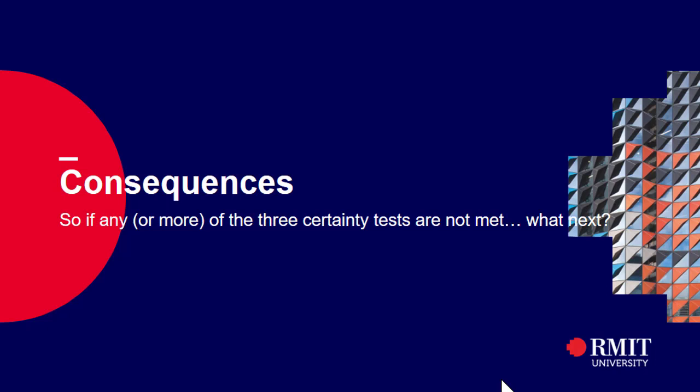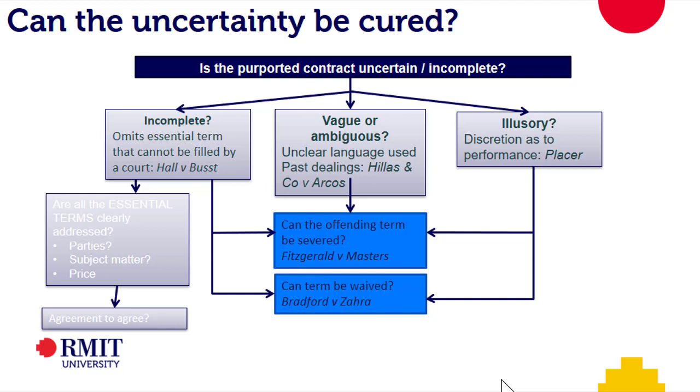So these questions about certainty also go to the individual provisions and reading a contract. So I want you to think about the circumstances. So can an uncertainty be cured? And that's when we go into these additional bits on my flow chart, that question about whether an offending term can be severed or whether the term itself can be waived.